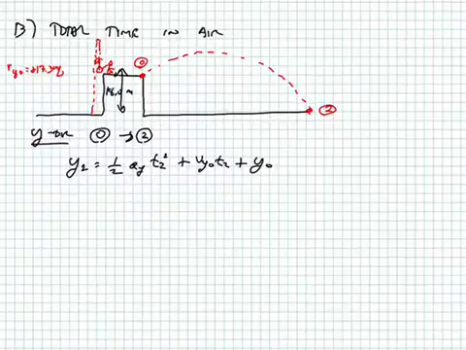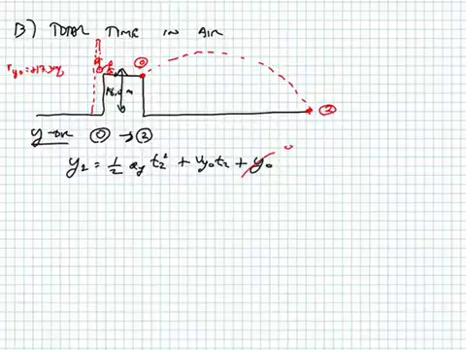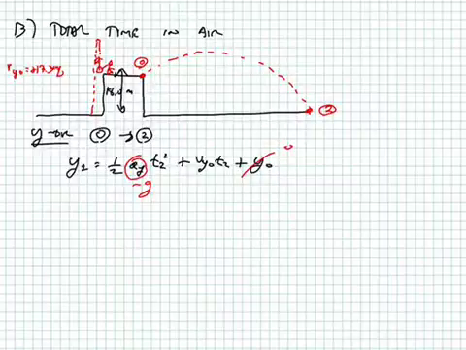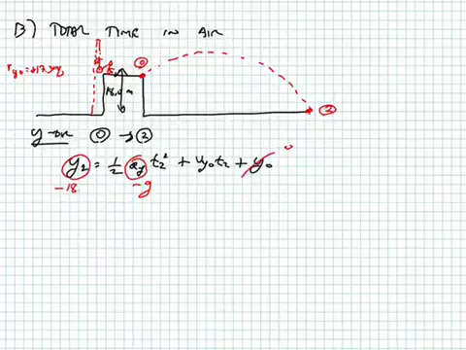And remember, I'm putting my coordinate system on my ball. So y naught is 0. Let's see, ay is minus g. Be careful, Vy naught here in the middle is not 0. And y2 is going to be actually negative 18 meters if I put my coordinate system on the ball.